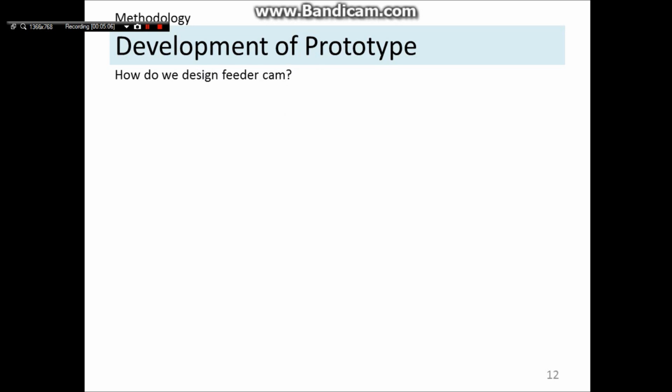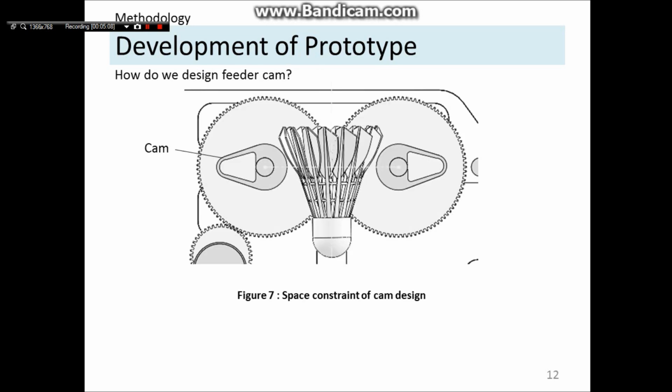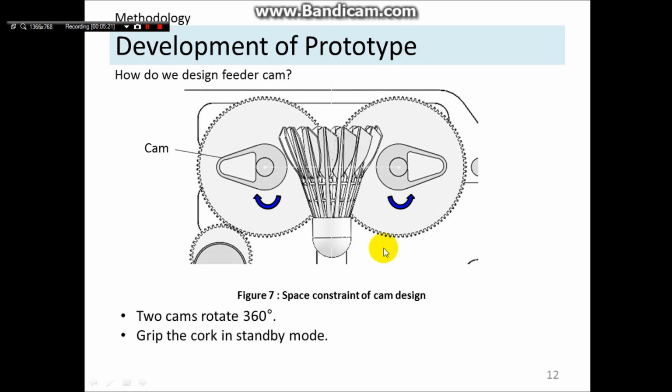Next, how do we design the feeder cam? In this figure, it shows the space constraint of cam design. First of all, the two cams will basically rotate 360 degrees, and then in the standby mode, it can grip the cord of the shuttlecock and pull down from the storage.